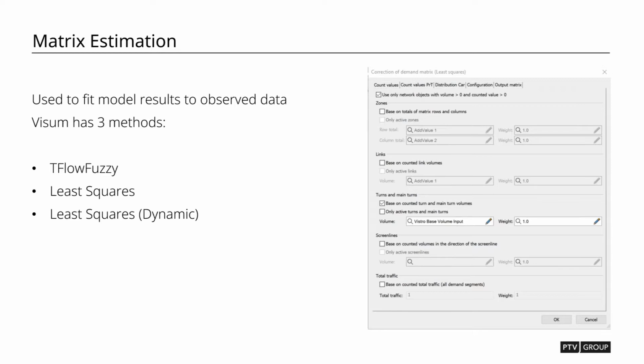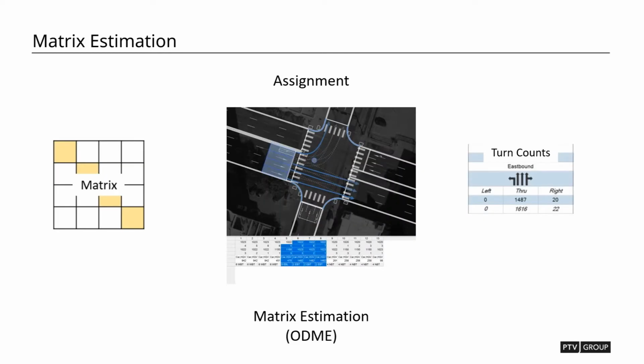Visum has 3 different versions. They're called T-Flow Fuzzy, least squares, and there's a dynamic least squares. So basically the process here is your demand is assigned to the network. It's compared to the turn counts, and the matrix estimation modifies that matrix, and this can be done iteratively to get a little bit better fit to those observed counts.